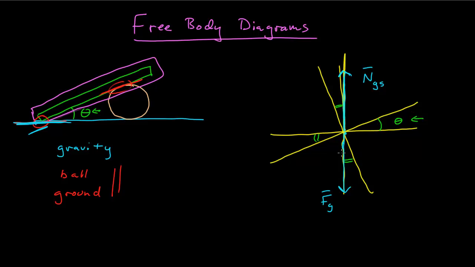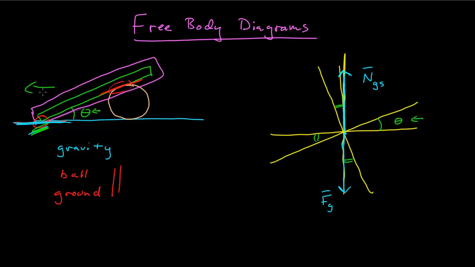Okay, so now I have a frictional force of the ground on the stick. In what direction is that pointing? Well, it's going to point in the opposite direction that the stick would move if there were no friction in the problem. That comes from our static friction model. So if there were no friction in the problem between these surfaces here, the stick would just slide to the left.